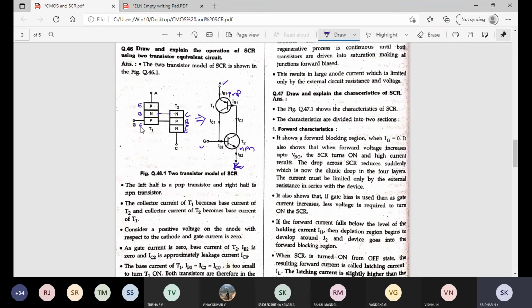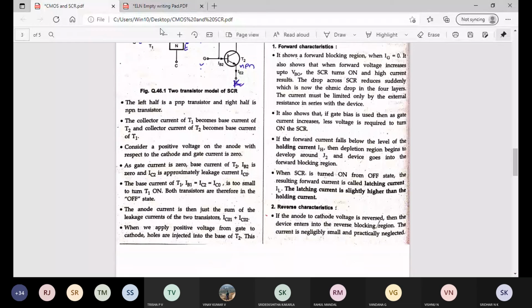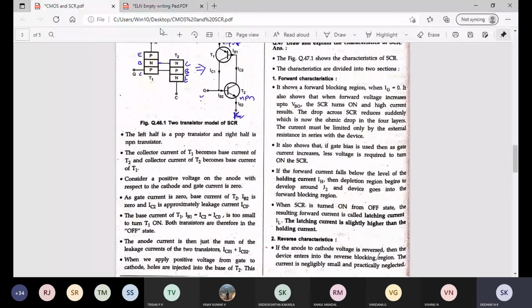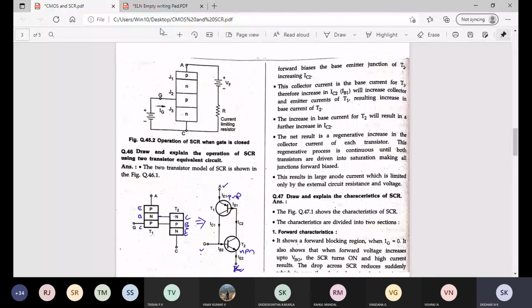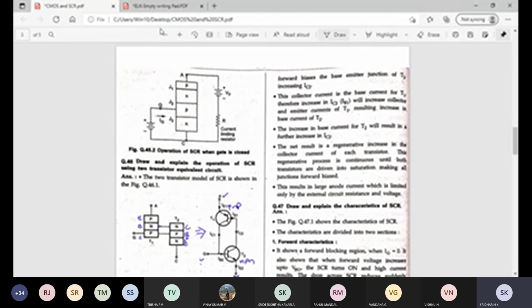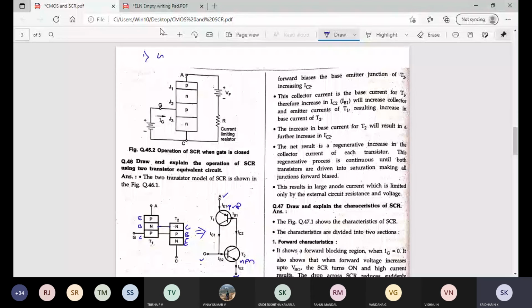Now, how does it work? Let us see. If gate is 0, case 1, what happens?